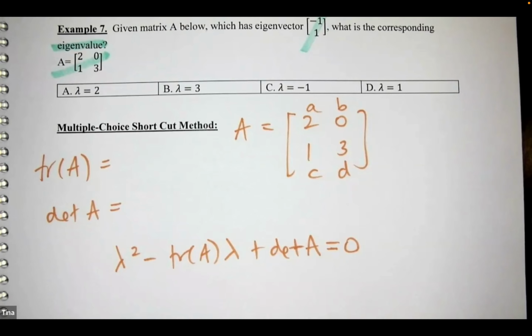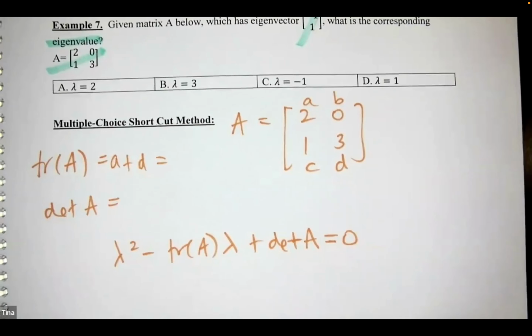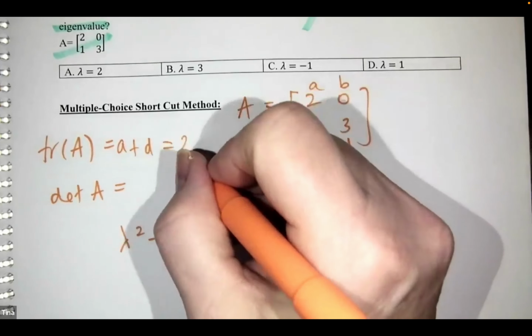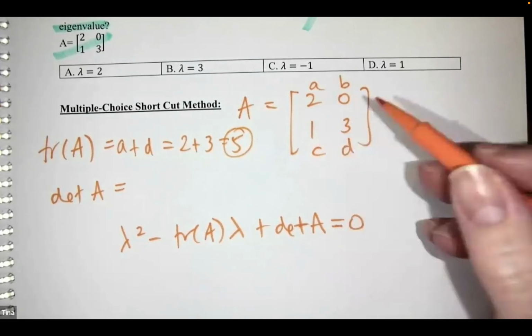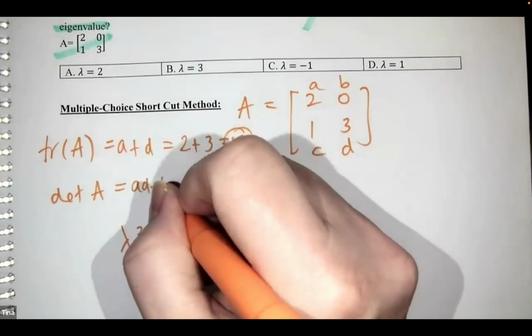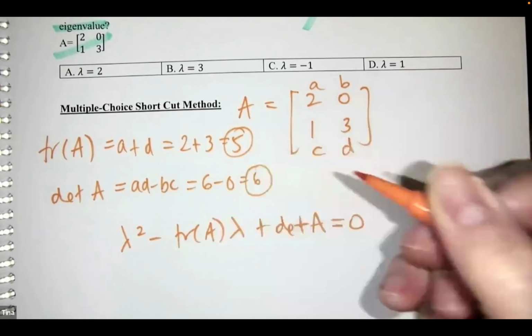Okay, let's see what you came up with. The trace, and of course you don't have to write the formulas once you know them, is 2 plus 3, so 5. Determinant, AD minus BC, is 6 minus 0, so 6.